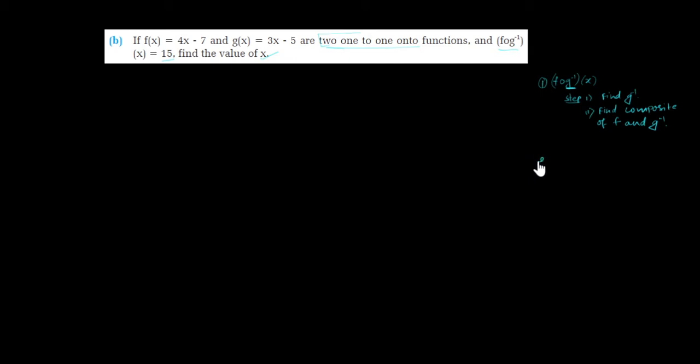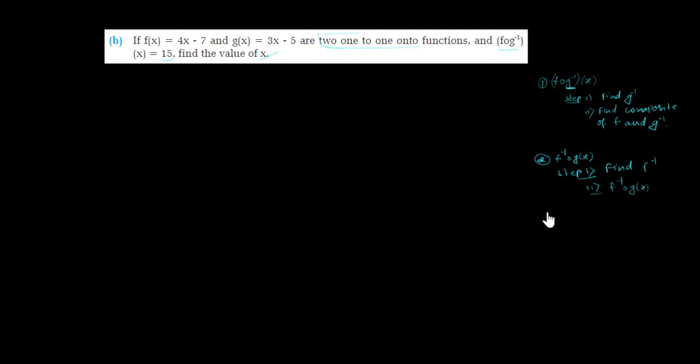There may be another type of question like this: f inverse composite g(x). In this question you need to find the inverse of f at first. First of all, find f inverse, and in step number 2 you need to find the composite of f inverse and g.